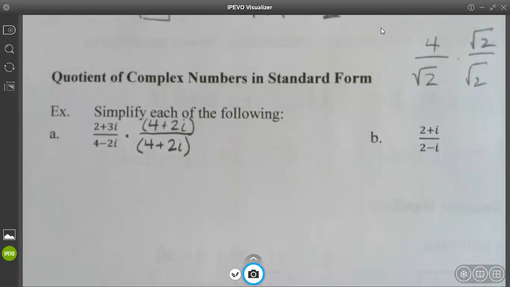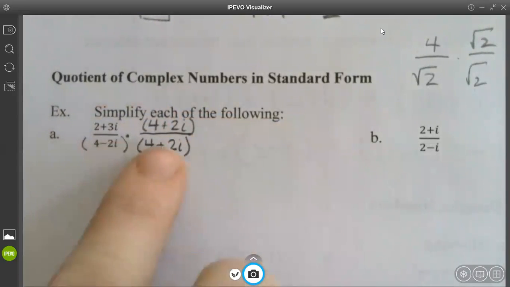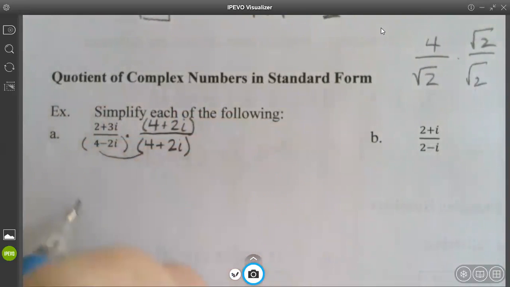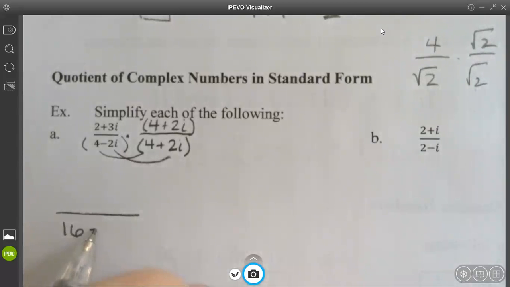It's going to change the way it looks, but it doesn't change the problem. On the bottom, when we multiply the conjugates, what do we need to multiply? Louder. First and last. So first are, last are negative 4i squared.